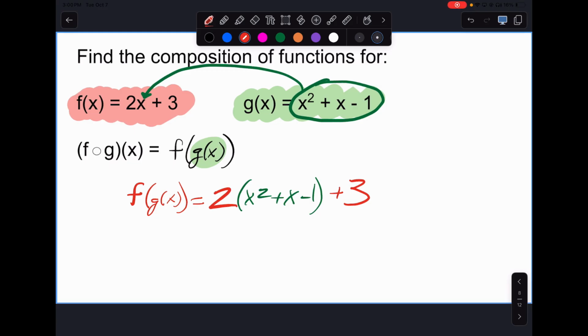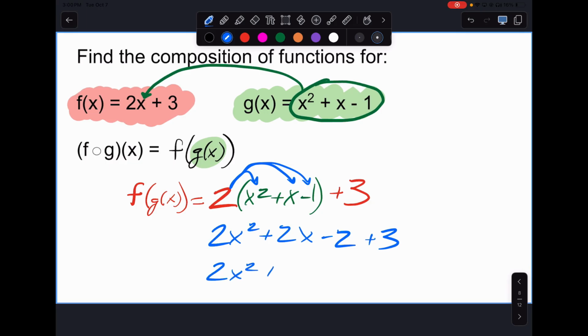Now what do I need to do with that 2? Distribute it. 2 times x squared is 2x squared. 2 times x is 2x. 2 times negative 1 is negative 2, and then we have the plus 3 still. Is there anything I can combine? The negative 2 and the 3.